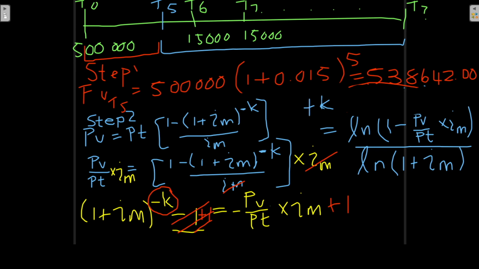So to make k positive, I will multiply k with the negative, and therefore I will also have to multiply with the negative 1 on the right. And that gives me the formula for k, the number of payment periods. So in the next slide, we can now just substitute this with the information that we have in example 30.